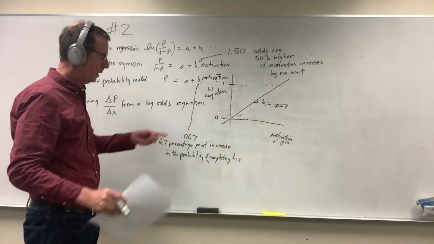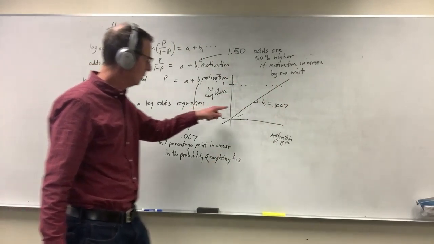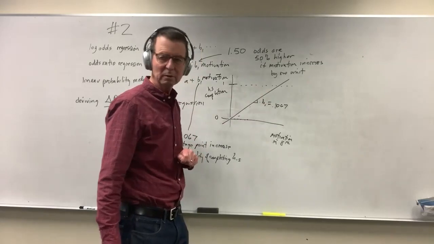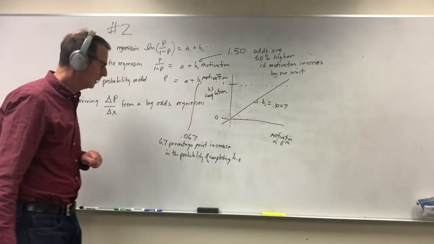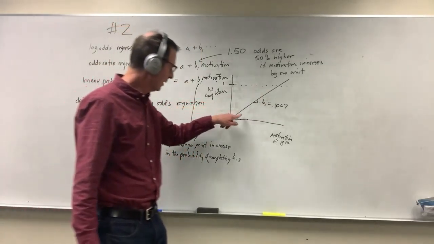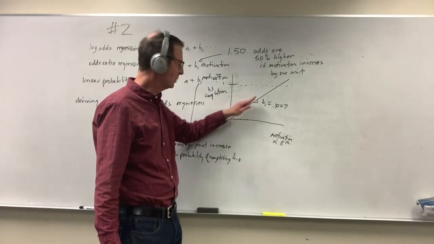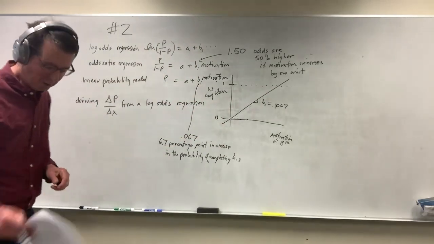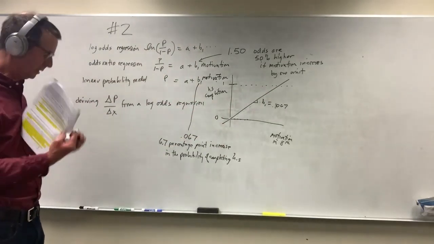So every unit change in motivation is going to be associated with moving 0.067 percentage points up this line. And it's linear, so that 0.067 is constant all the way up and down the motivation scale. That's just the assumption that the linear probability model makes.